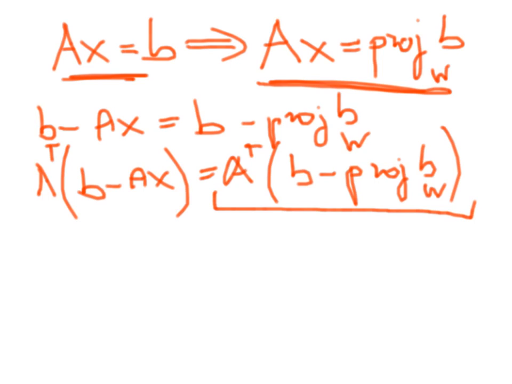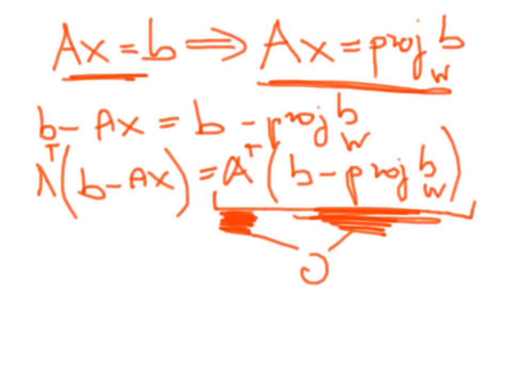Basically, W can be the column space of A. And then we know that that vector lies in the null space of A transpose. So we know that these are in fact orthogonal, and then this product is equal to 0.